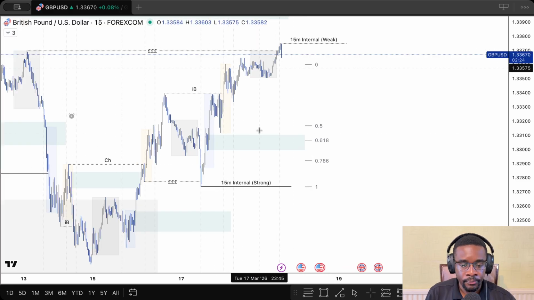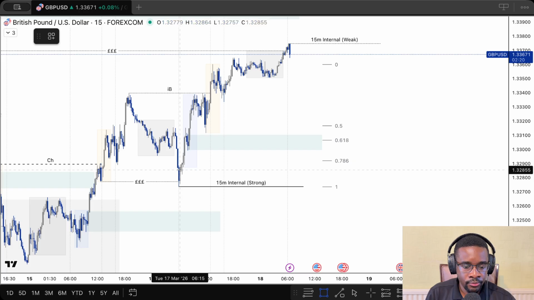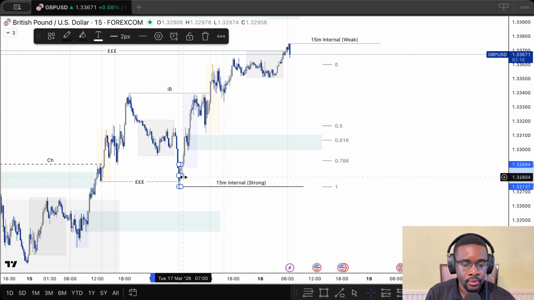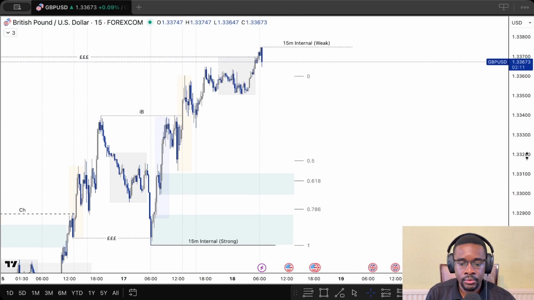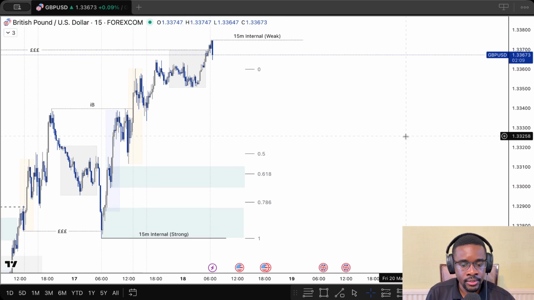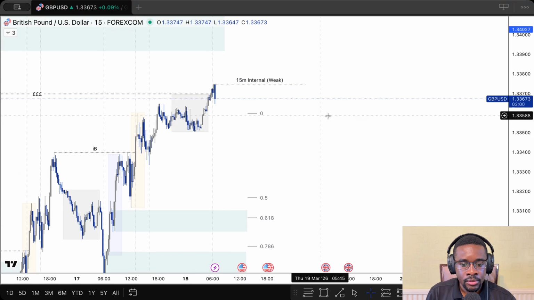However, we need to be waiting for price at least to mitigate our zones which are in discount, okay. So this is what I'm looking at.